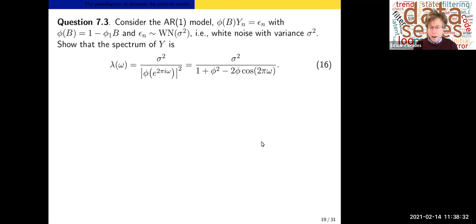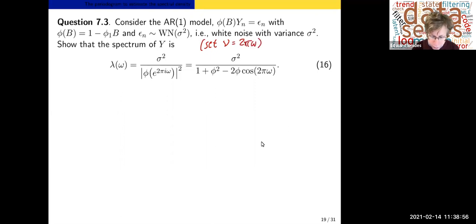I'm going to work in angular velocity rather than frequency, so it just makes the algebra a little simpler. So I'm going to set nu is 2 pi omega.